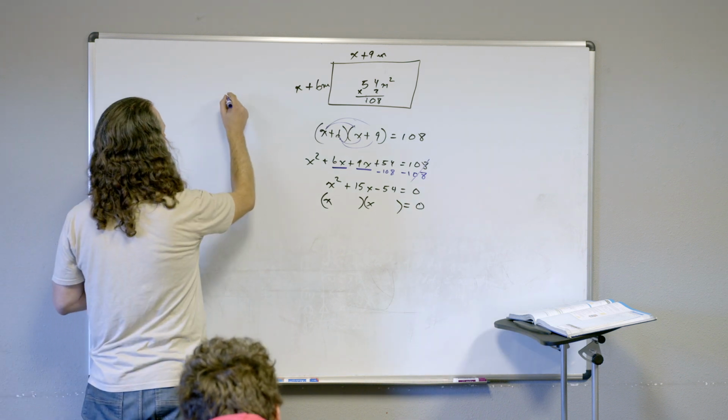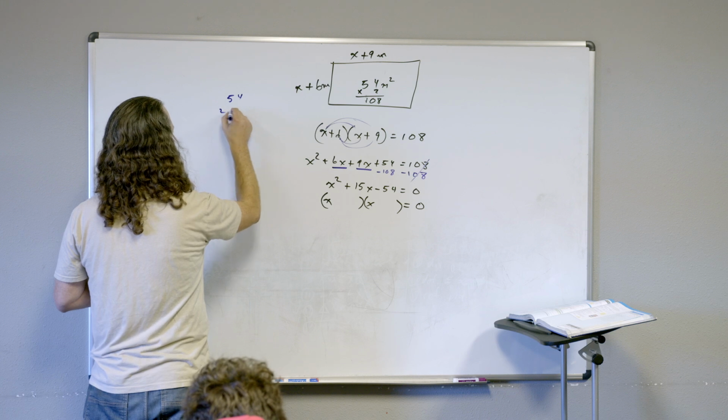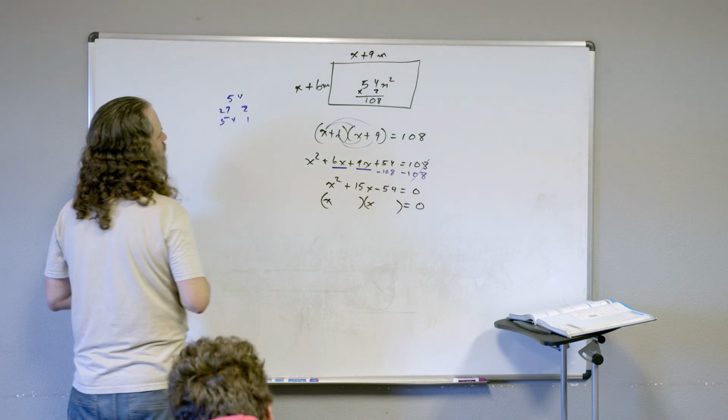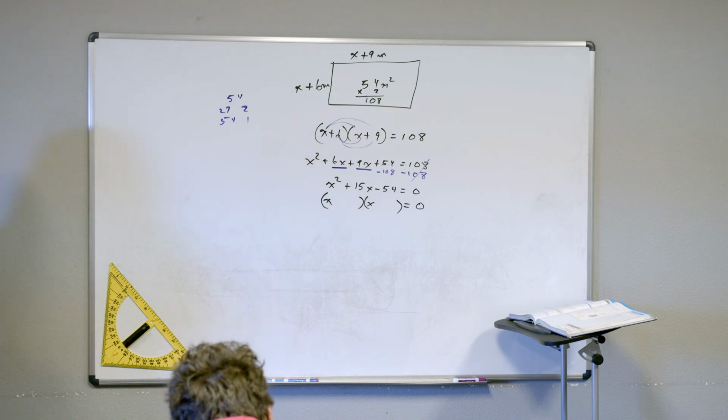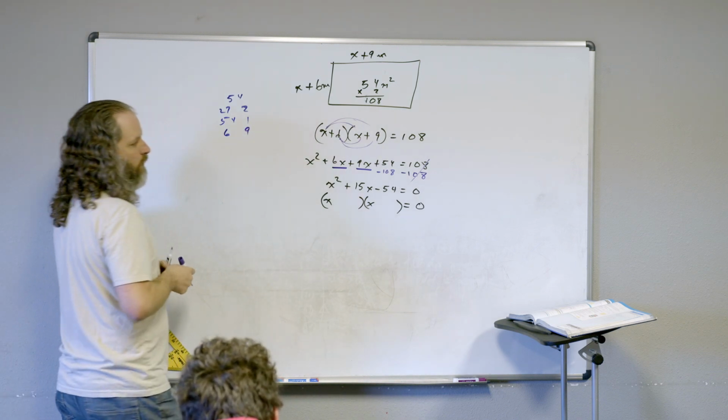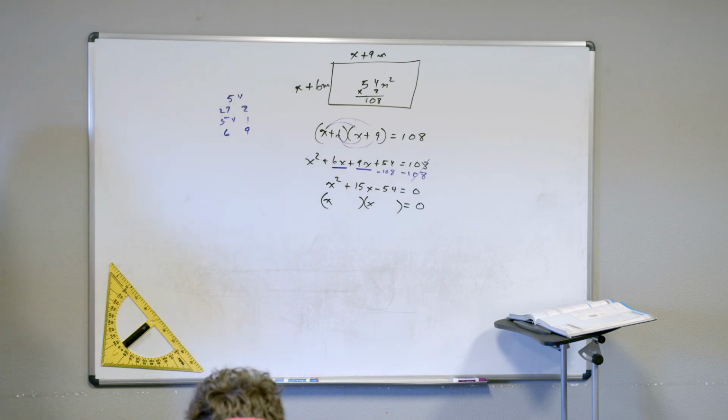So what are they? 27 and 2, 54 and 1, 9 and 6. Do we have any that look like they're going to work yet? 9 and 6 look like they might work.